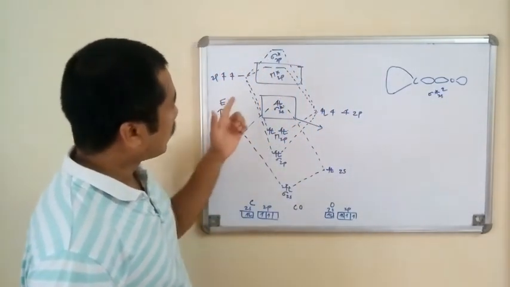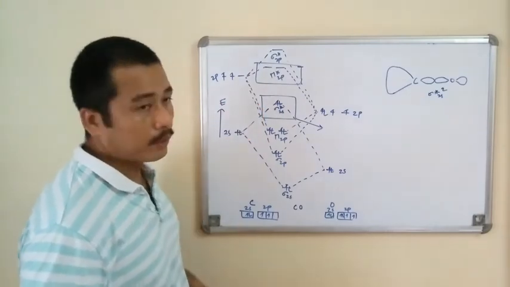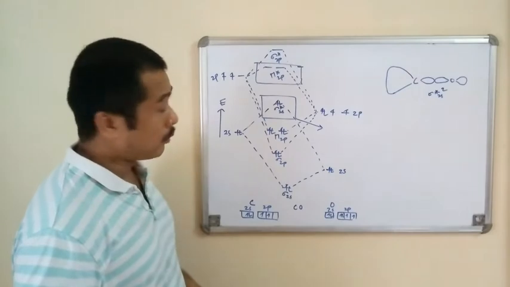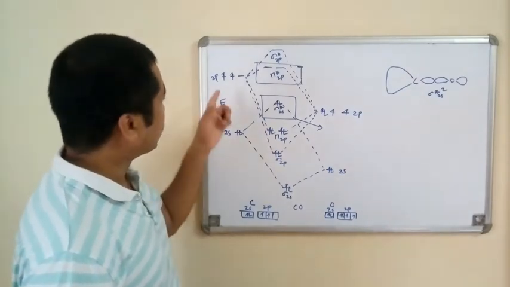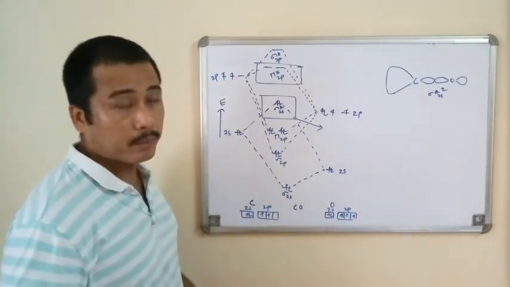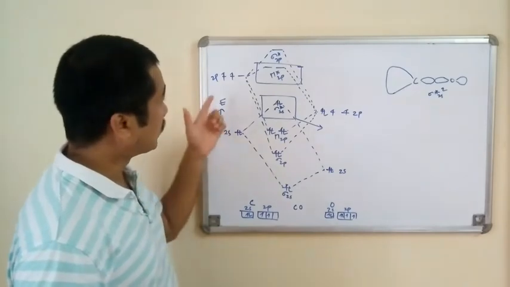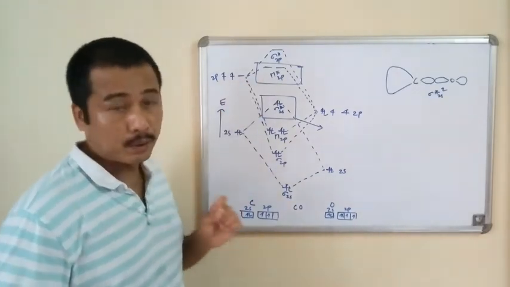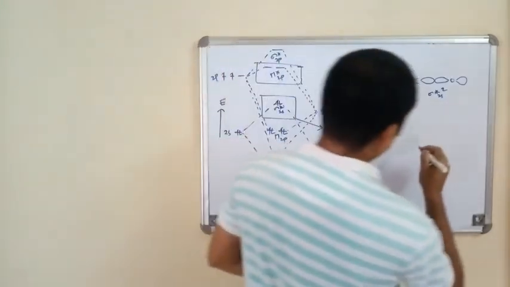Now, if you also try to draw the pi star 2p molecular orbital, you will realize that the energy of this molecular orbital as well is close to the energy of the 2p atomic orbital of carbon, and that is why this is also a primarily carbon-centered molecular orbital, a pi star molecular orbital.